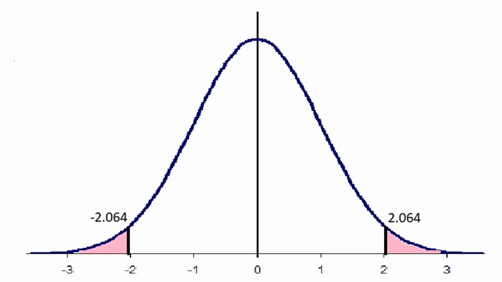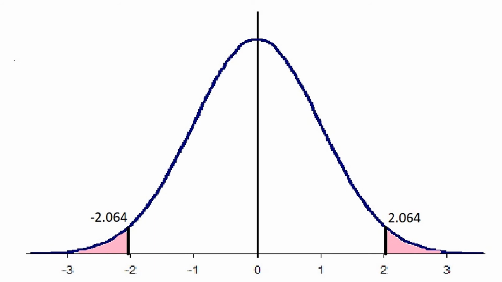And illustrating what we have, here we have on the right side the rejection region. Since it is two-tailed, we have a rejection region on the right and a rejection region on the left. And its boundaries are 2.064 and negative 2.064.